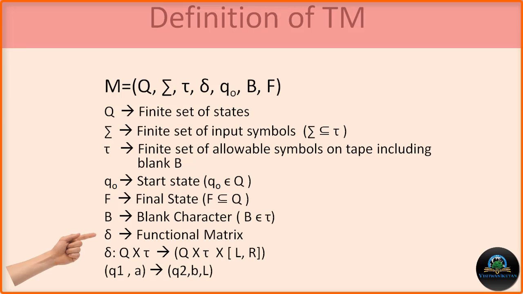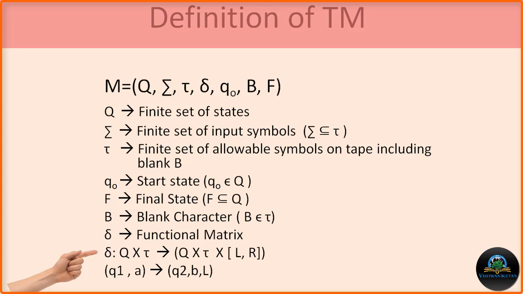And the last and most important is the functional matrix. Here the transition function is denoted as Q cross tau maps to Q cross tau cross direction. It means that when input is given to the state, the machine is transited to some other state, some symbol is written on the tape, and the head is moved either to the left or to the right.